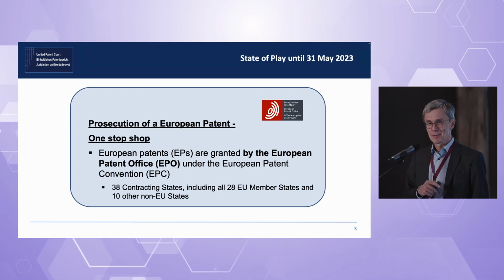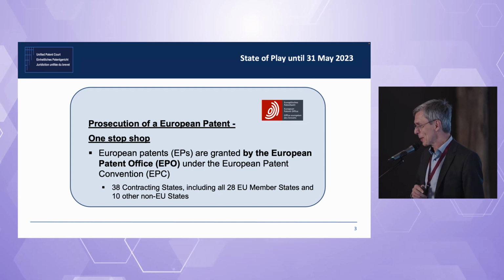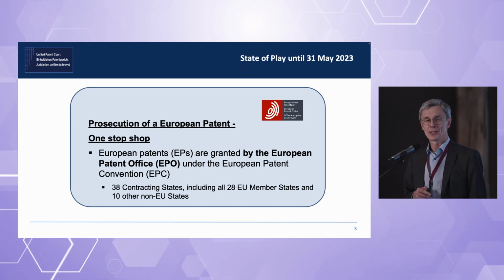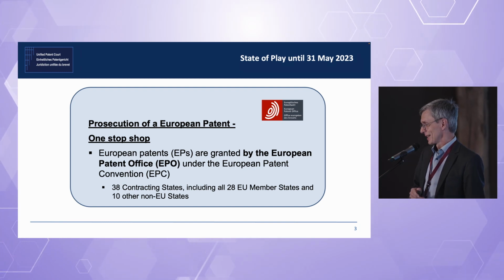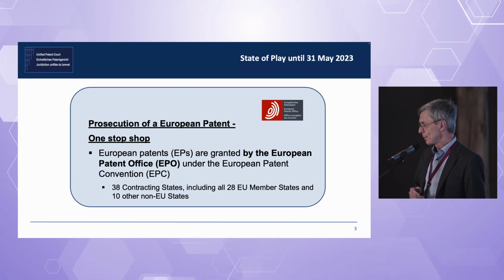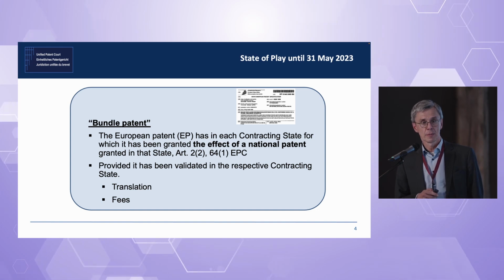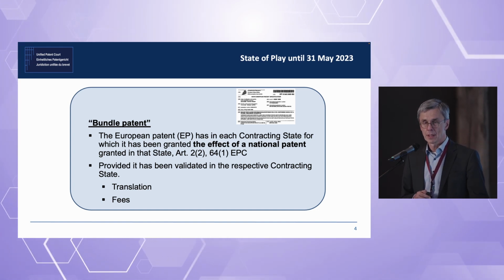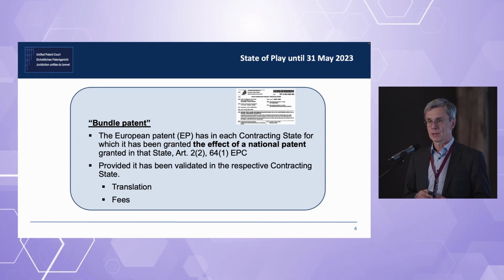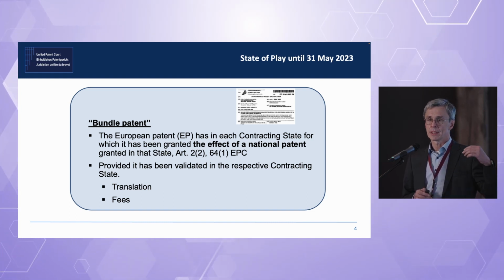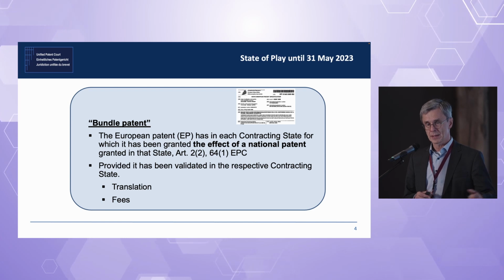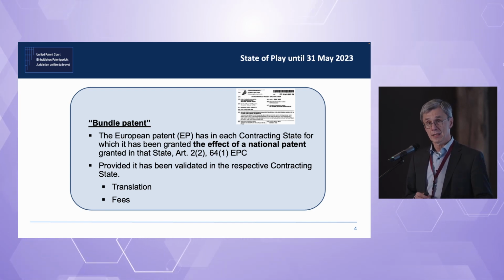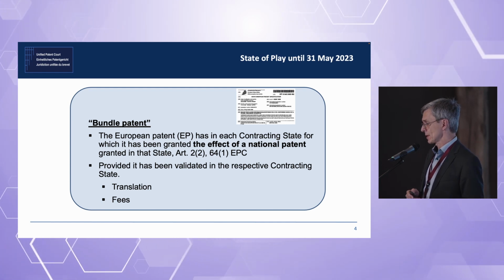I'm sorry, we lost one. And 10 or 11 other non-EU states. And the beauty about the European Patent Office is you just go to one shop, a one-stop shop only, and in one proceeding you get one patent that gives you protection for all of Europe. 38 states in one office.